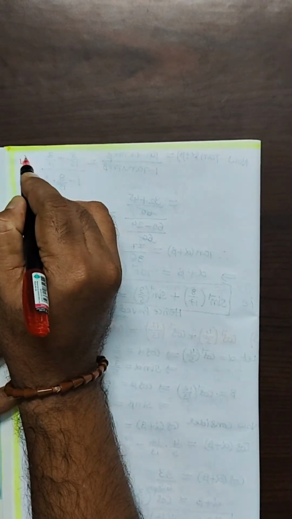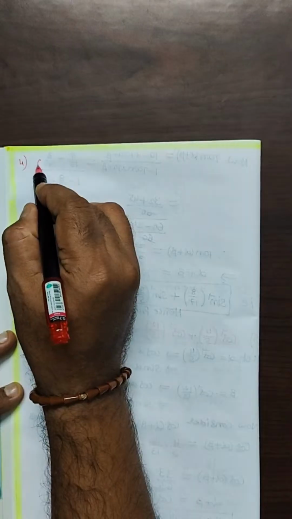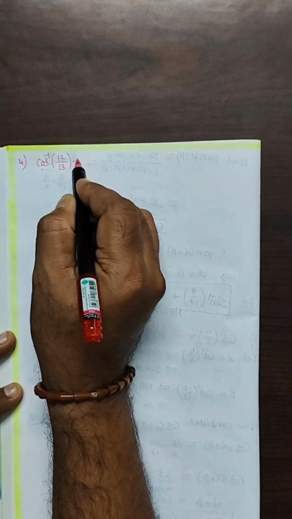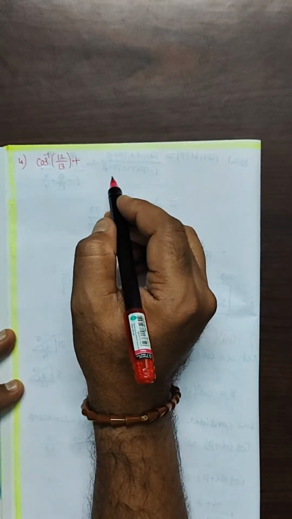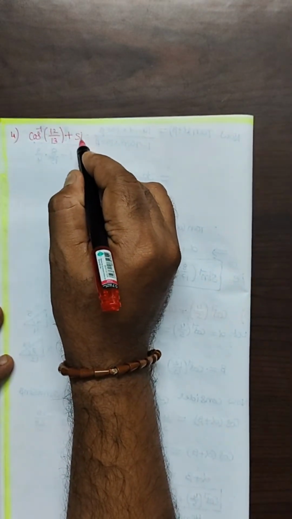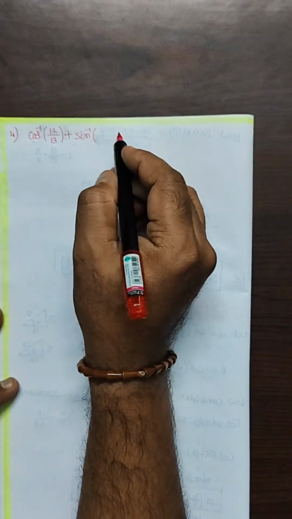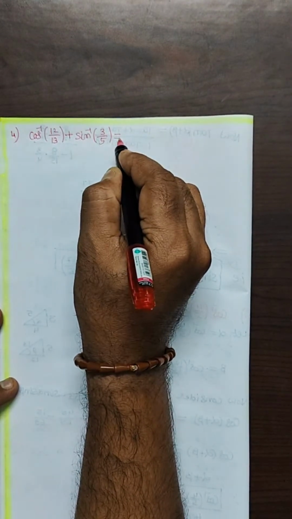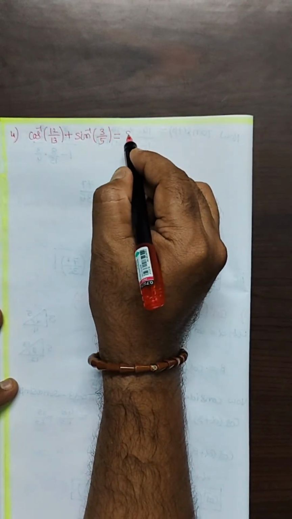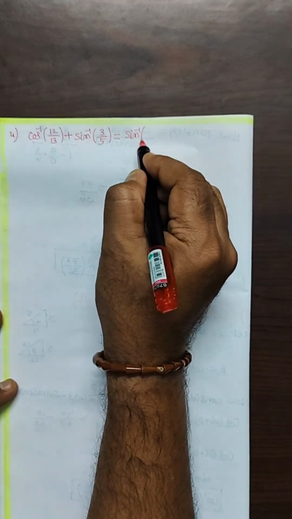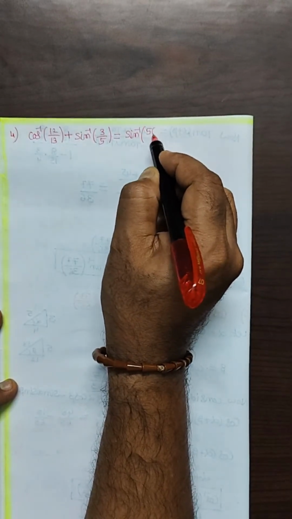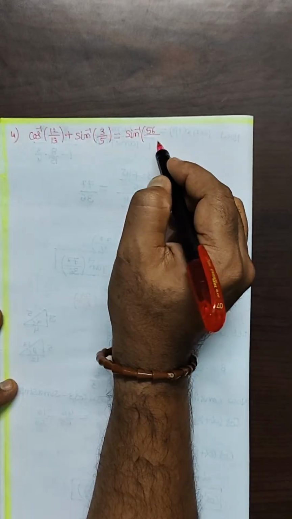So question number 4, cos inverse of 12 by 13 plus sin inverse of 3 by 5 is equal to sin inverse of 56 by 65.